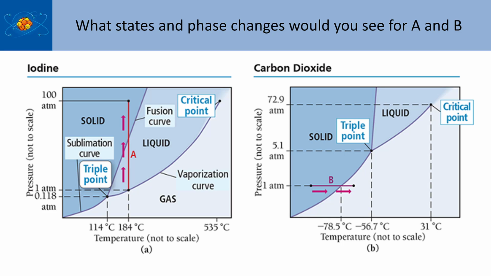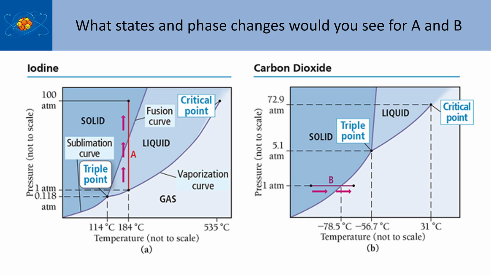In this graph, what do you think would happen? You should be able to say, well, it'll be a solid. And as I increase the temperature at 1 atmosphere, I would see sublimation, because I'm going to the gas state, sublimation of the carbon dioxide, and then eventually it'll completely convert to the gas state.